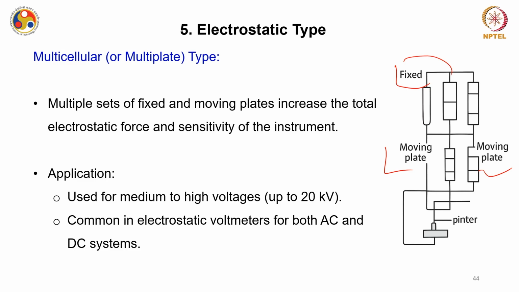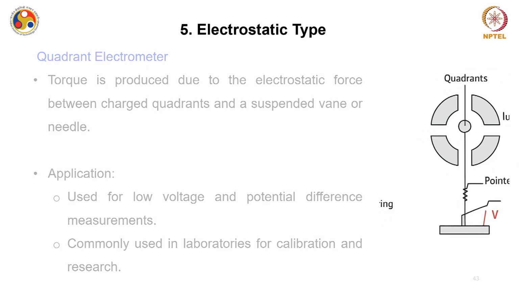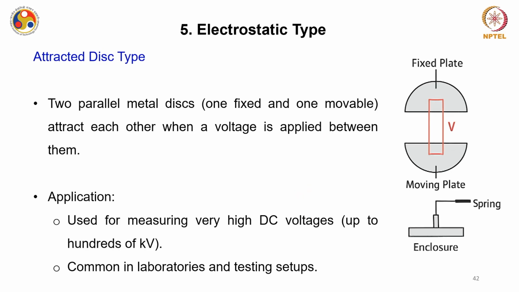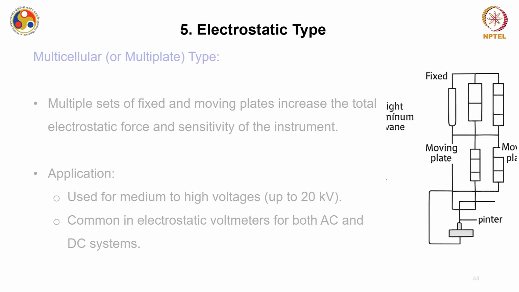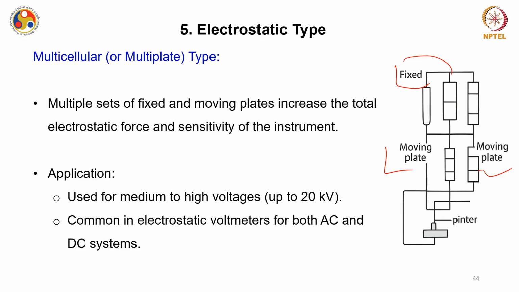They are again used for high voltage applications, say anything up to around 20 kV or so. We will see at least the attracted disc type electrostatic instrument, but this is in brief how these instruments differ.